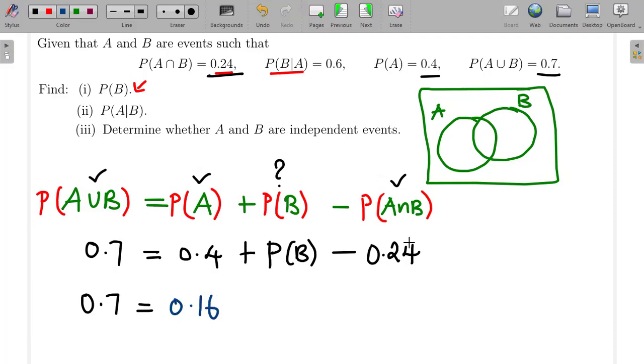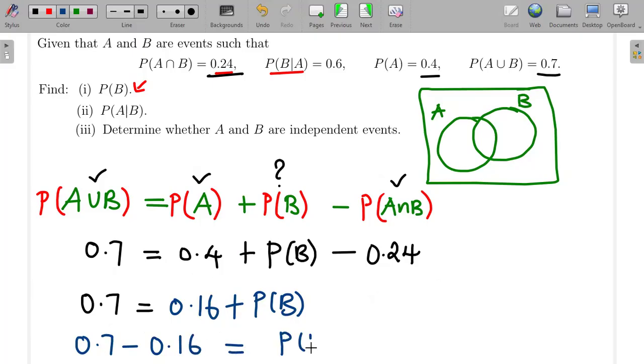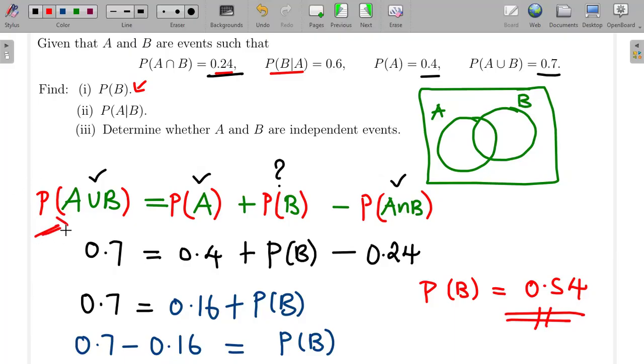And then I still have plus the probability of B. So 0.7 minus 0.16 is equal to the probability of B. When I subtract those, I get that the probability of B is 0.54. So that is the probability of B, and that's how we can easily find it, just by using this formula.